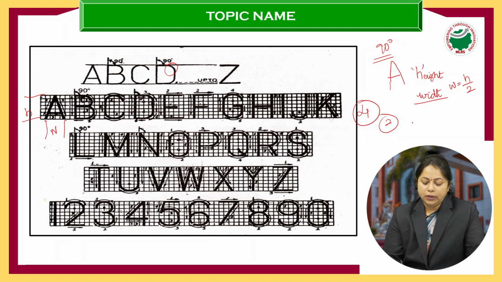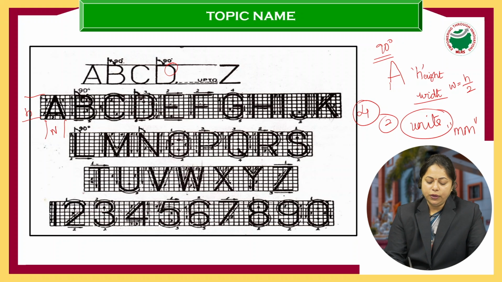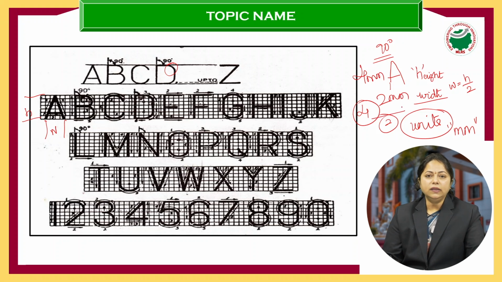What is 2? Definitely comes units here. Engineering drawing is a subject which has certain specifications and measurements. All the measurements or units are in millimeters, mm. We follow the standard, which is mm. So if 4 mm is the height of the letter, 2 mm is going to be its width. Accordingly, you can write the alphabets. This is a general practice.